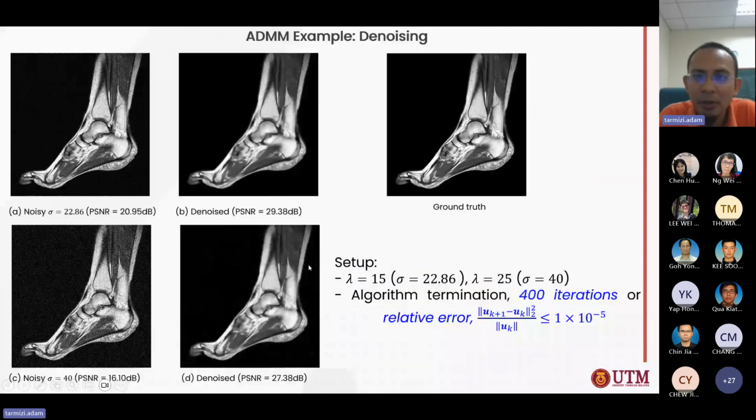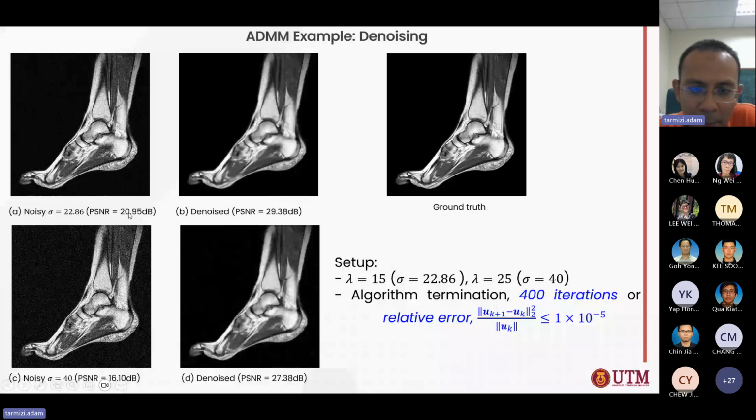Okay, so this is an example. Same image, using noise. You have this noisy image, and you can see the noise level gives a PSNR value of 22.86.